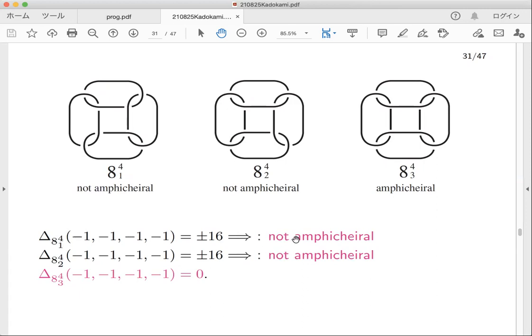So this is not Amphicheiral. The second link has the same result, and for the third one this value equals 0, and in reality it is easy to see that this link is Amphicheiral.